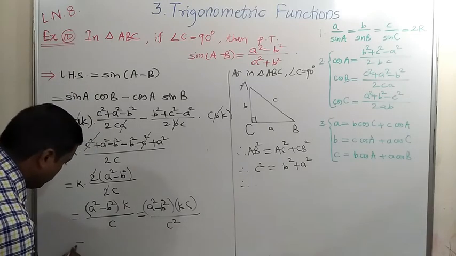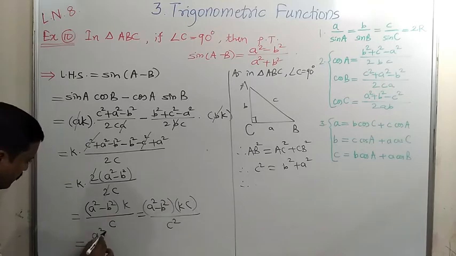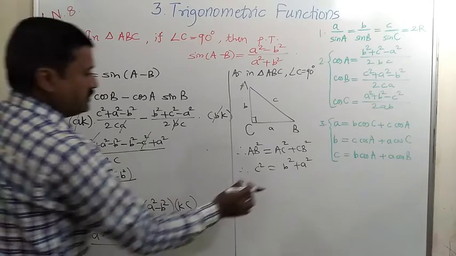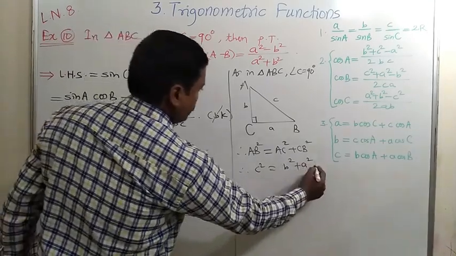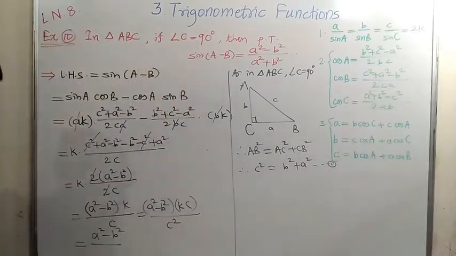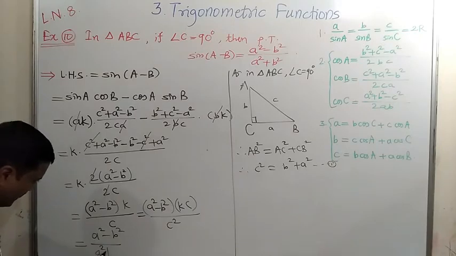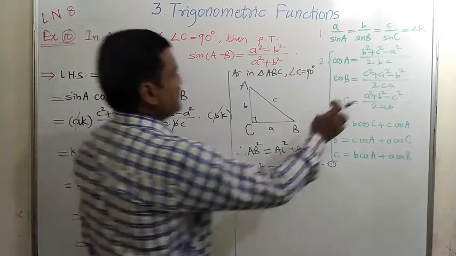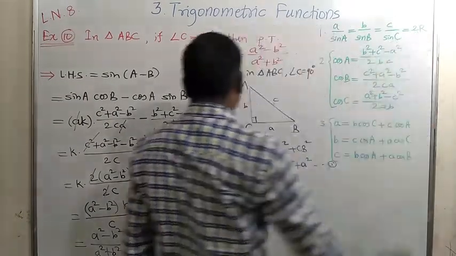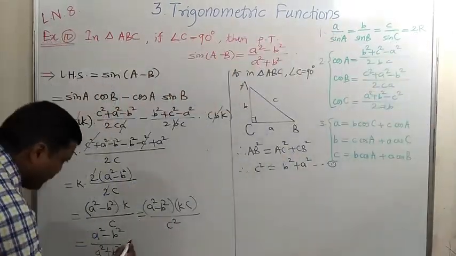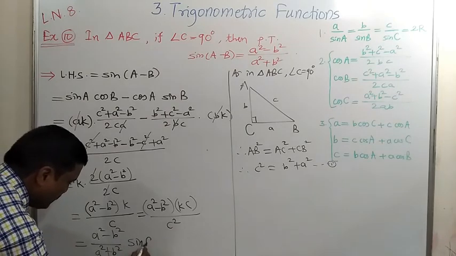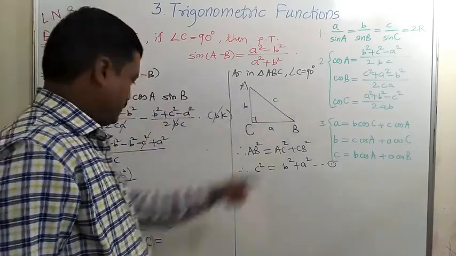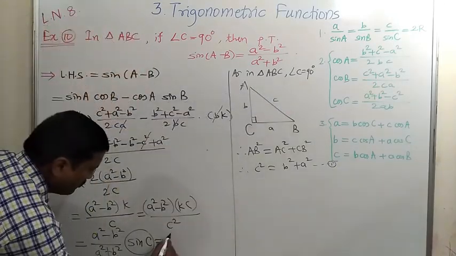So it is equal to A square minus B square upon C square, which is nothing but, using equation 1, we get this as A square plus B square, and CK is nothing but sin C. By using the sine rule, this CK is equal to sin C, but angle C is 90, so sin 90 is equal to 1.